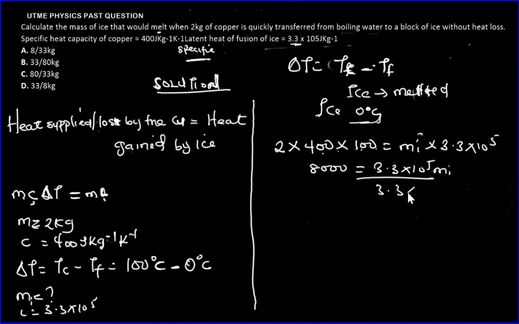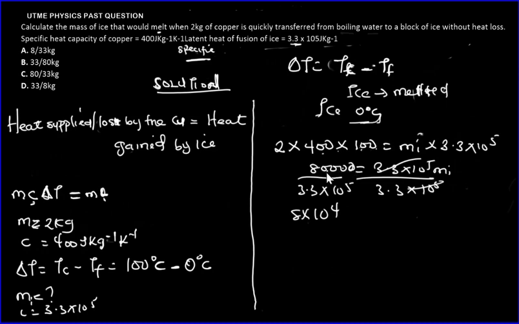So divide both sides by 3.3 times 10 to the power 5. I don't want to use a calculator, so I'll use another format. We can turn this to standard form: 8 times 10 to the power 4.